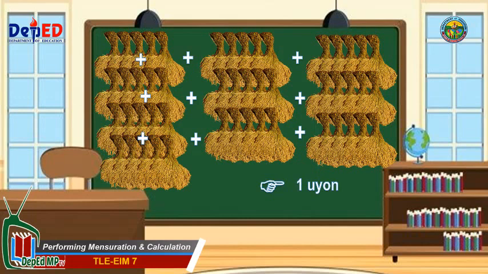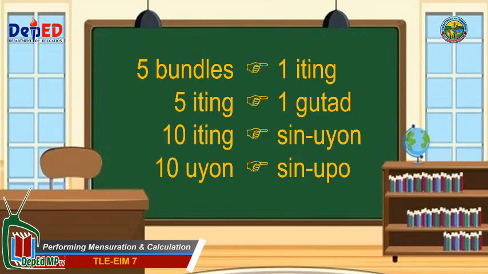Now let's try to summarize what we just had for the units of measurement and conversion in Butuagan when it comes to rice. 5 bundles of rice is called sin-eating or 1 eating. 5 eating is 1 gutad or kutad. 10 eating is sin-uyon. Now we have an additional: 10 uyon is called sin-upo.